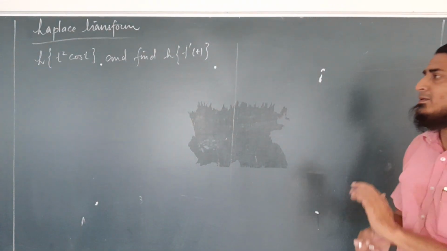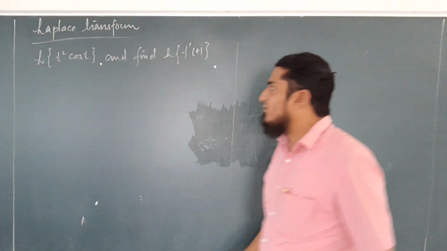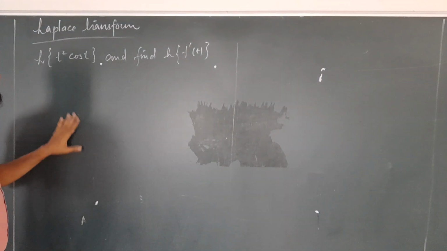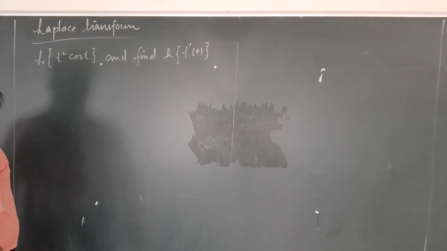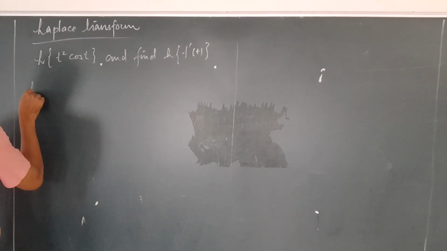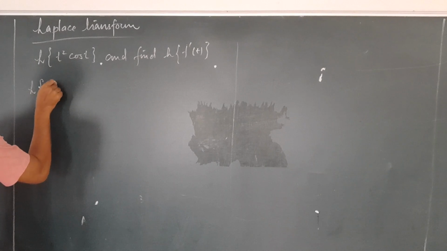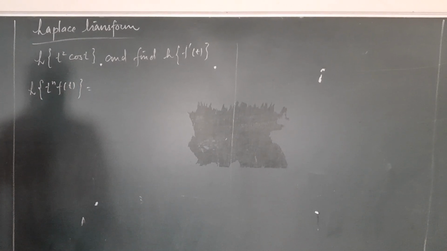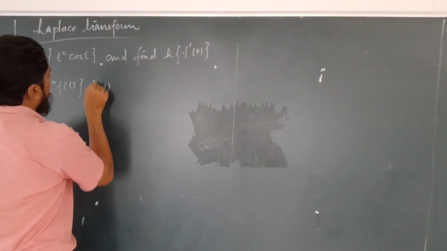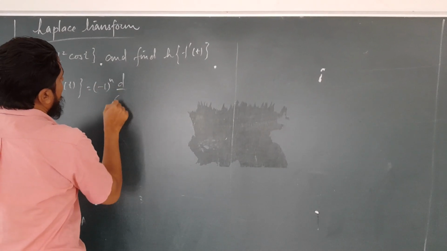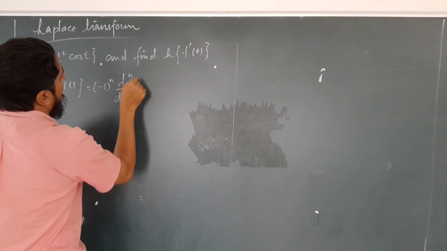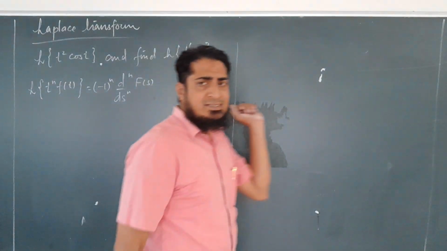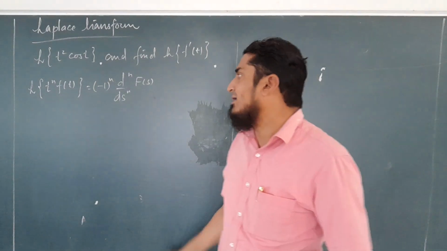Since we know that whenever a function is multiplied by t raised to n, we use the theorem: Laplace transform of t raised to n f of t is equal to minus 1 raised to n d^n by ds^n of F of s, where capital F of s indicates the Laplace transform of f of t.